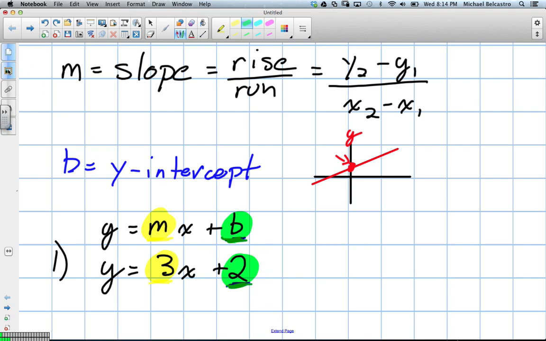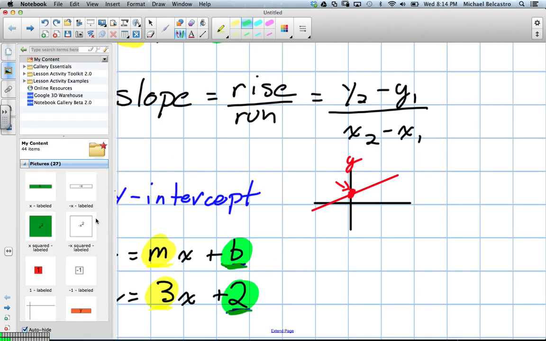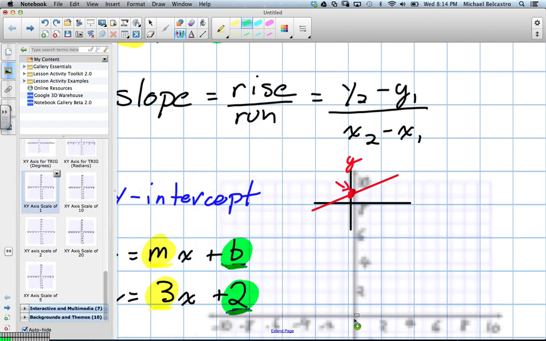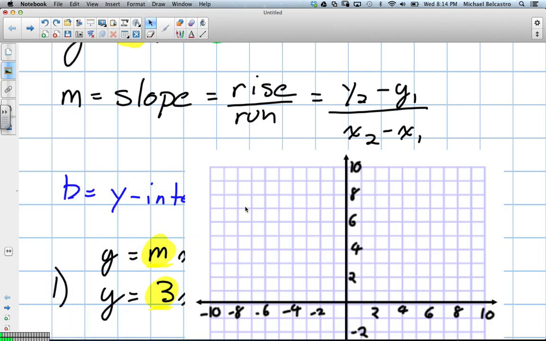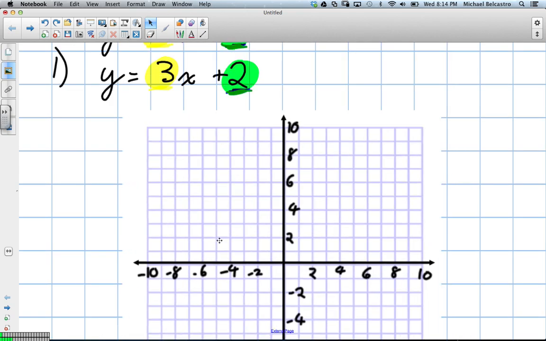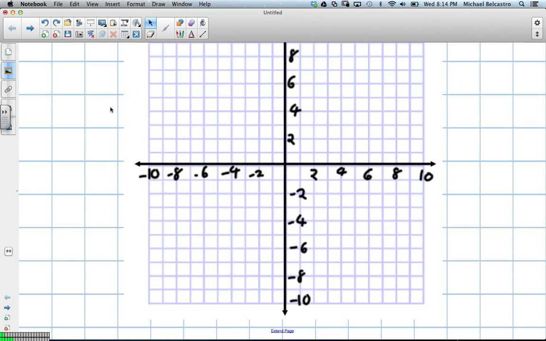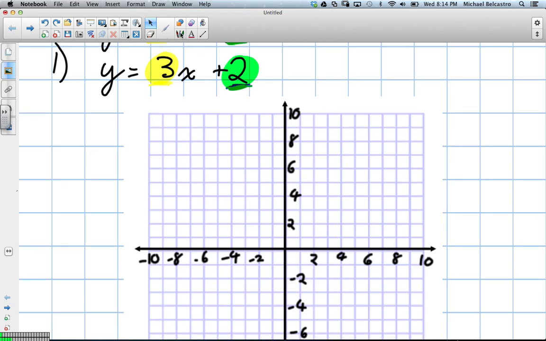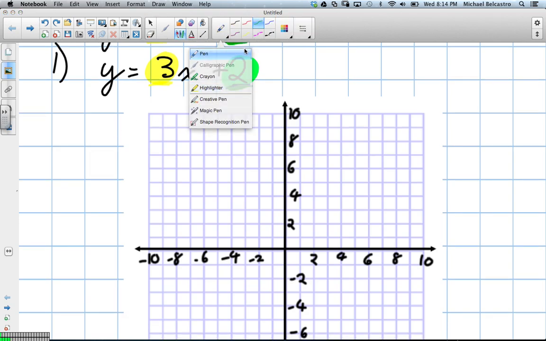So let's get a graph out here. I've got a couple ready-made ones. Scale of 1. Perfect graph. Okay, so here's what we know. Always start with a point on the line. So we know our y-intercept is 2.